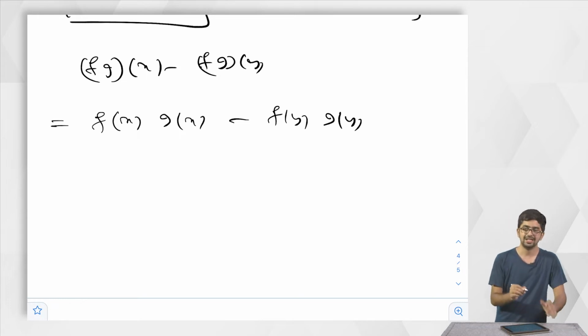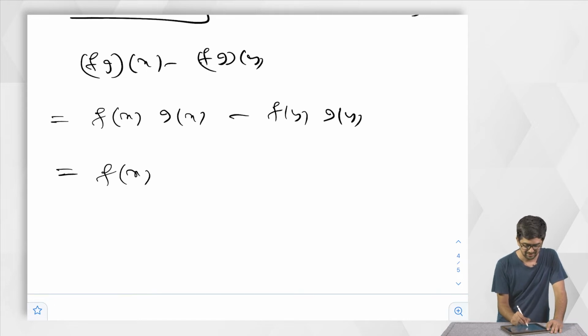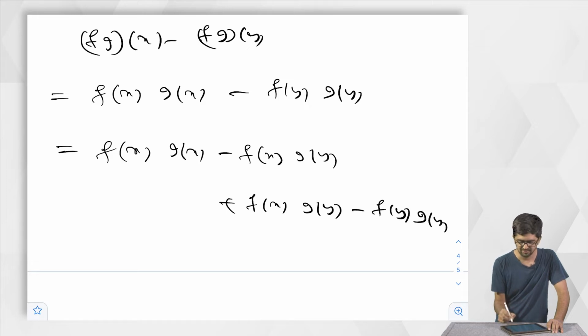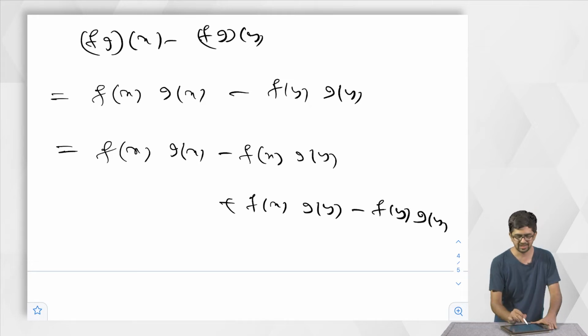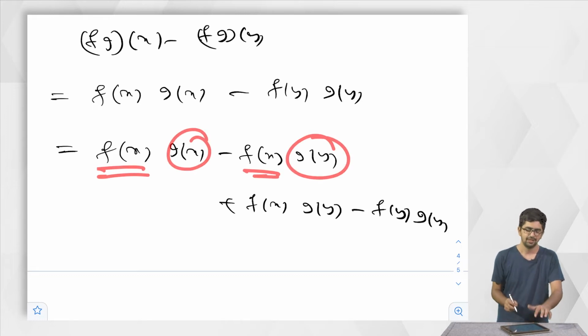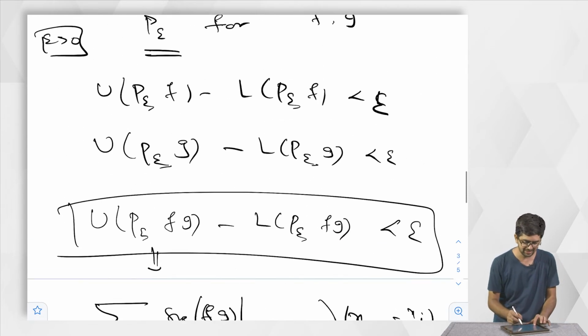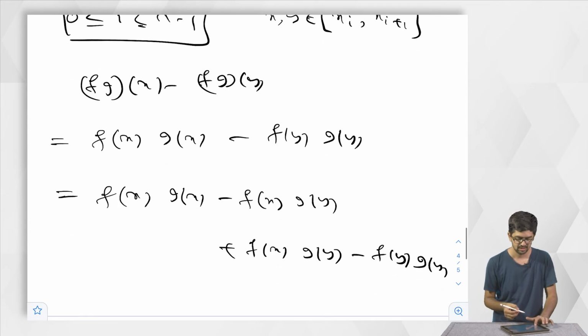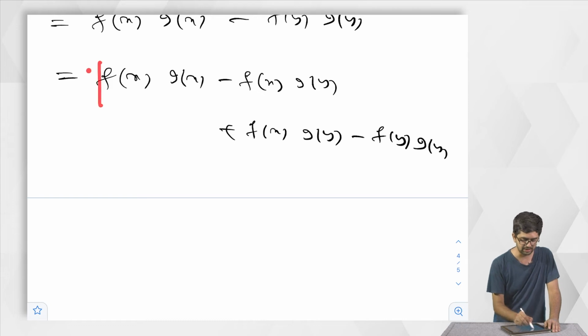We add and subtract some portion so that we get what we need. So let us do that: f(x)g(x) minus f(x)g(y) plus f(x)g(y) minus f(y)g(y). I think the idea is clear why I am doing this. If I take f(x) common, I get g(x) minus g(y). So it looks like I will be able to use this observation. That is the reason why I am doing this.